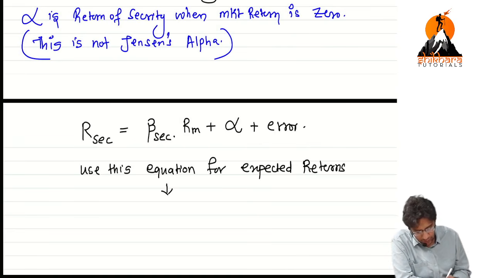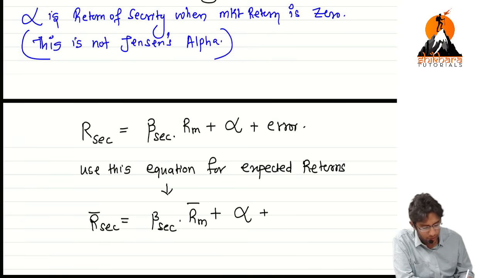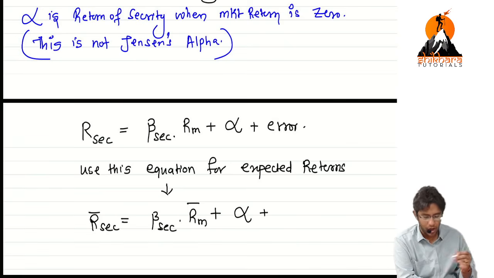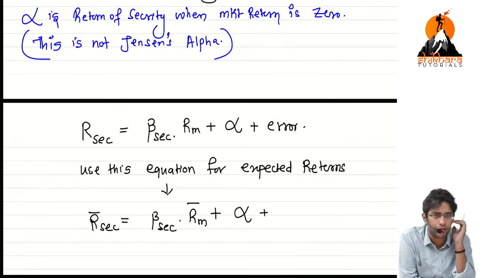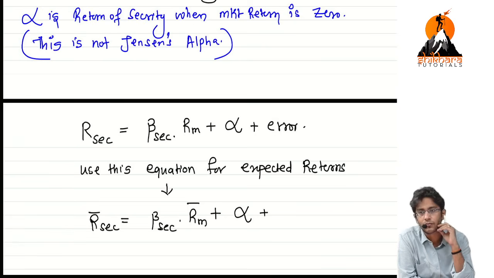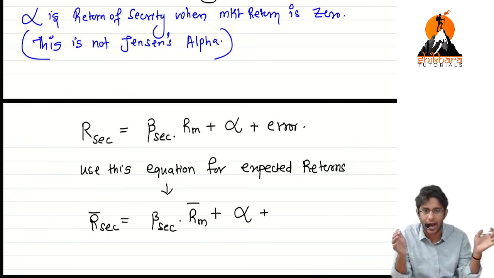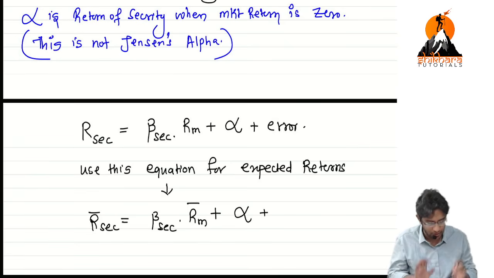So R security will place, R bar. Beta is constant number, that is beta only. This is RM bar. Alpha will come. Sir, what about error? Tell me, sir, how will you calculate expected value when past data is given? When past data is given, how will you work out expected return? Simple average, that means you will add up everything divided by n.